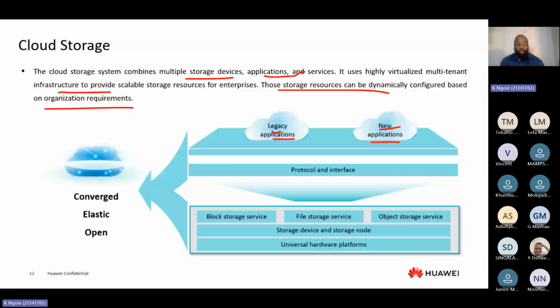Instead of buying computers with high disk capacity and spending more money, it's easy to just subscribe to a cloud with a pay-as-you-go method. So if you are only using 200 gigabytes, better to buy only 200 gigabytes than buying so much memory that you are not using. So those are advantages of cloud.